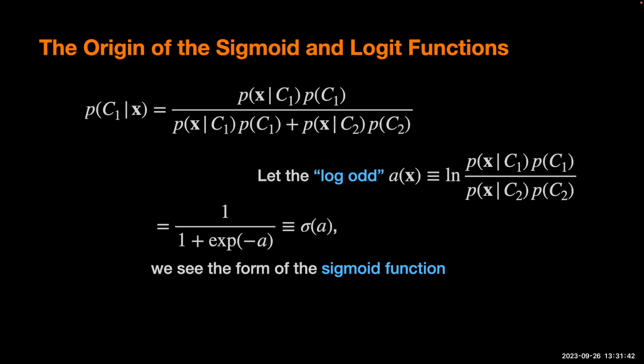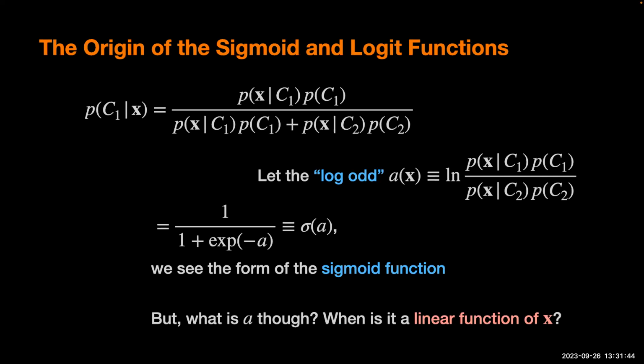Great. But there's still one problem here, because the logistic regression is making an even stronger assumption than this form. Remember, the logistic regression says I explicitly want A to be a linear form.